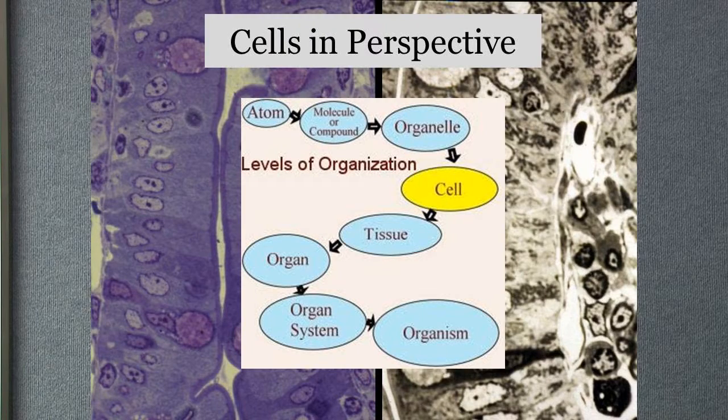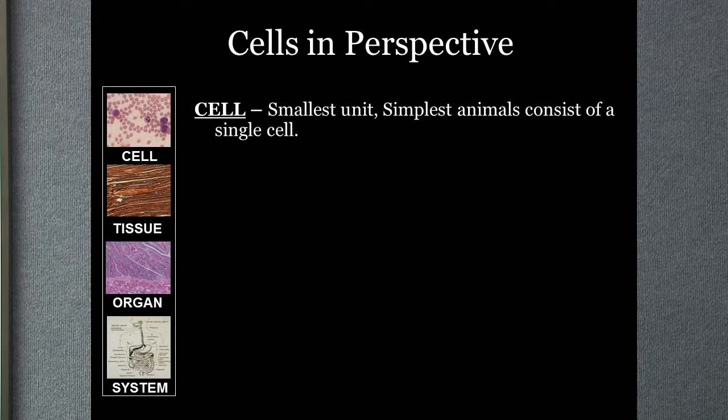And remember, where the cell is in terms of an atom, there's many atoms and organelles in cells, right? And then tissue, organs, organ systems. So here are individual cells that we're seeing through there. So if we look at the perspective of cell as the smallest unit of life.